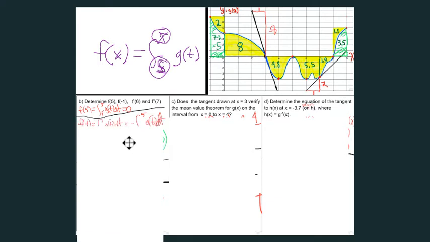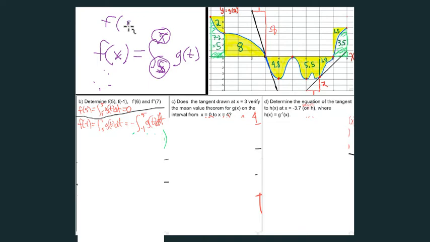That's f at 5. Now we want to do f at minus 1. Well, what's f at minus 1 going to be? F at minus 1 is, now we have to work backwards, right? And I apologize, that's very small writing. So we're going to go from, I'll try it up here.